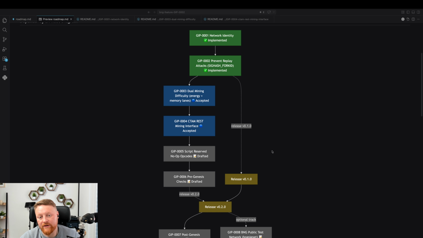Now, next on our roadmap is something interesting. As you notice, I have here a bunch of GIPs. GIP stands for Generation Improvement Proposal, just like Bitcoin Improvement Proposals, the so-called BIP documents. The motivation for this is that I'm doing AI assistant development, something called technical specification driven development.